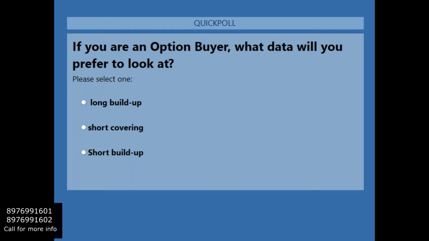The data is in front of you for every LB, SC, and SB. You can check this also for giving your response. I'll wait for some more time, and after that, I'll continue.